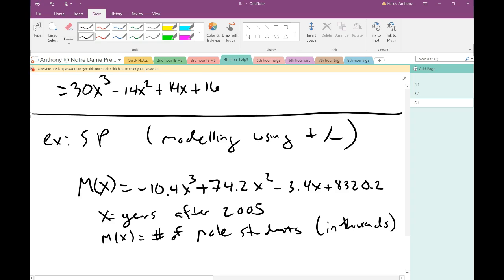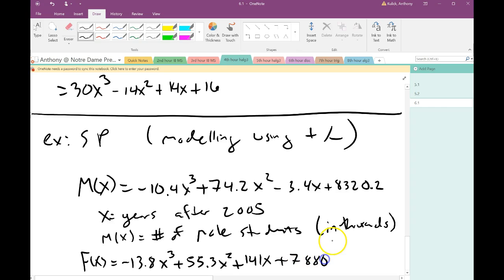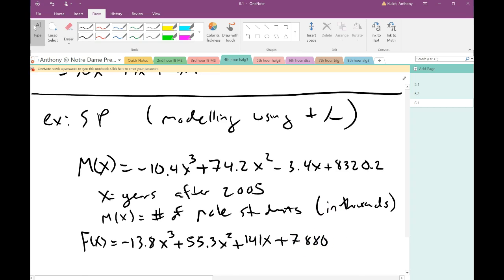The number of female students enrolled in high school can be modeled by the function f of x equals negative 13.8x cubed plus 55.3x squared plus 141x plus 7,880, where x is again the number of years after 2005, and f of x is the number of female students in thousands.